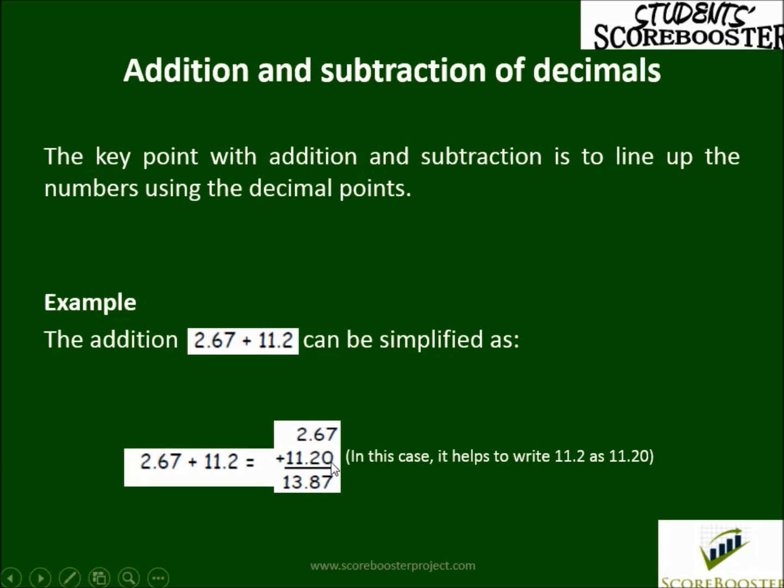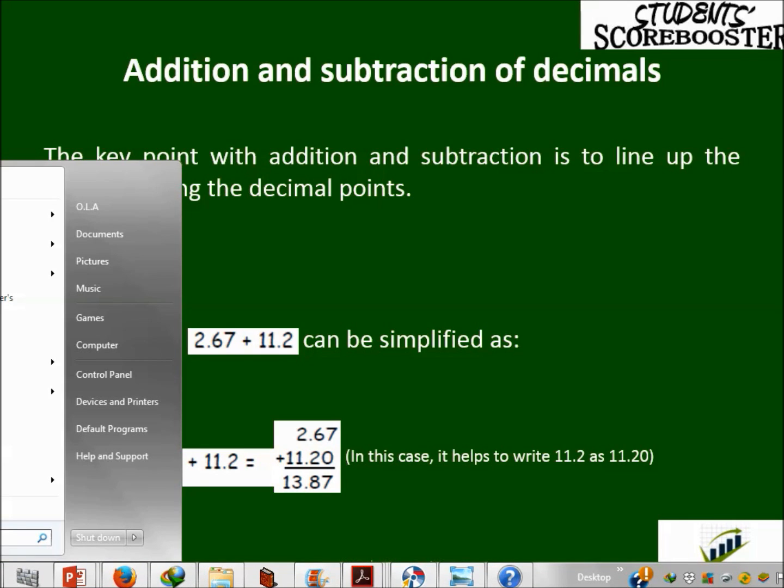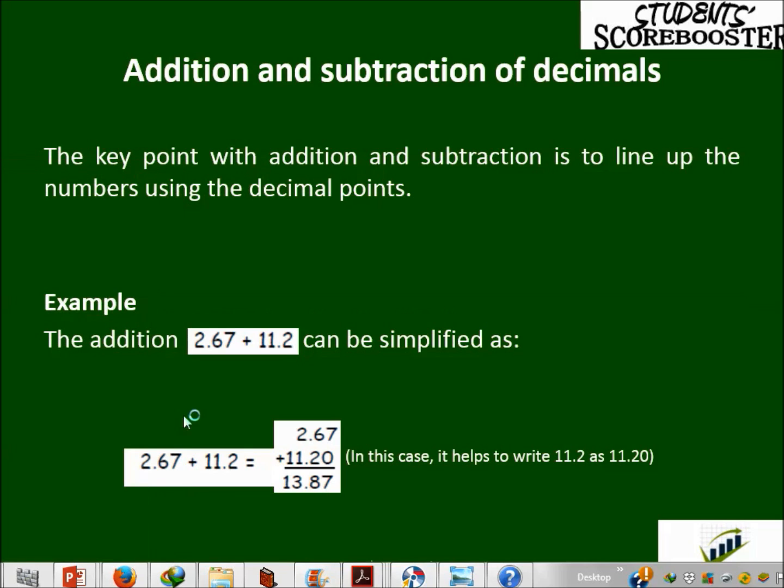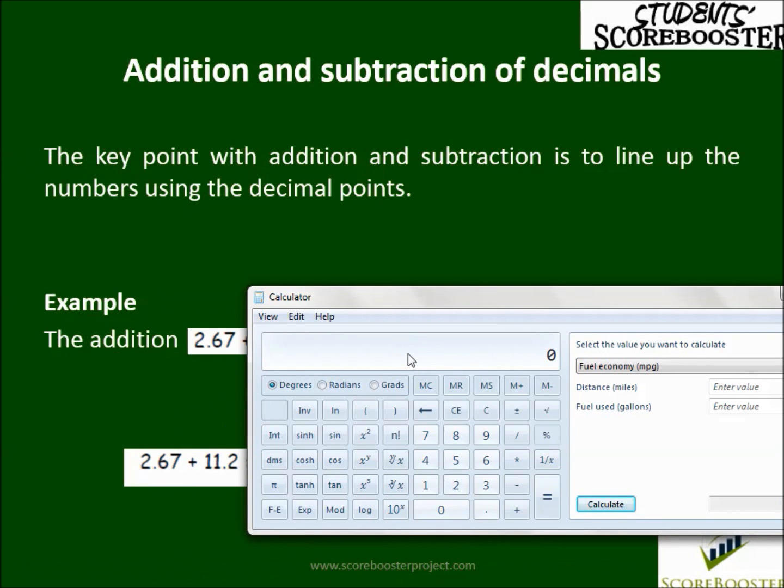So here we've added 0, in order to make it easy to simplify. 11.20 is the same as 11.2. Now let me show you on the calculator 11.20.